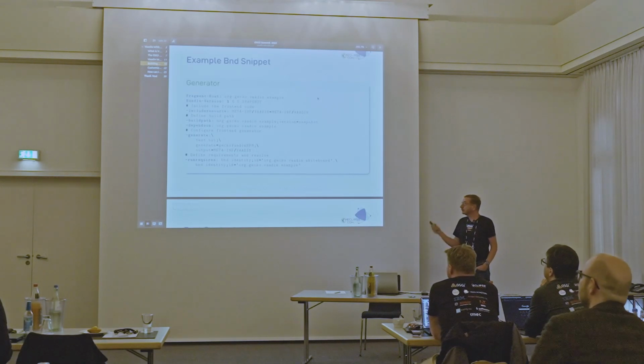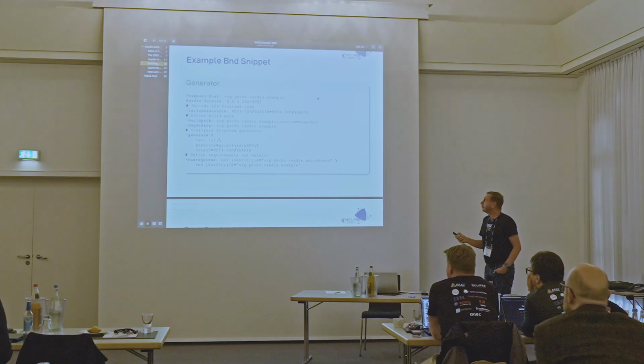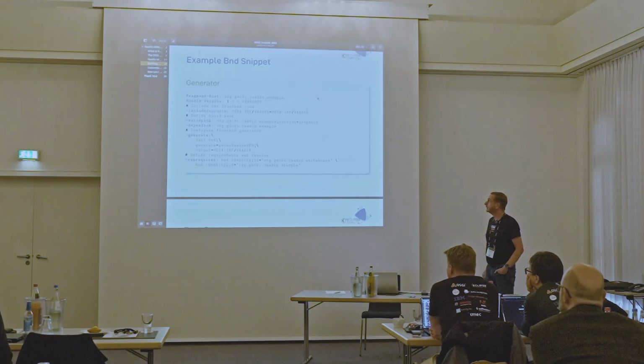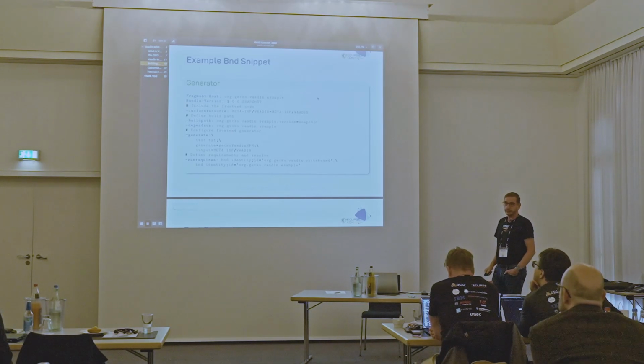So how does a snippet look like? It's very simple. We have ordinary stuff in here. We say, OK, we have here a fragment, and the fragment host is our Vaadin example bundle, and we have to include this folder. This is the folder where the Vaadin framework looks for the JavaScript front-end code.